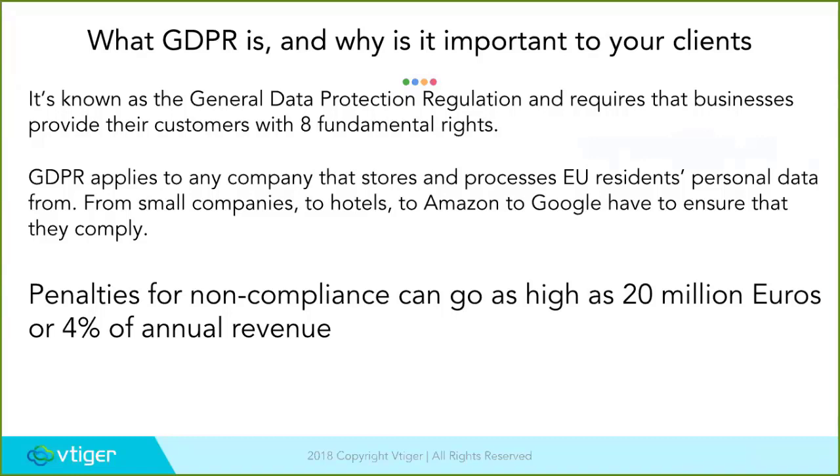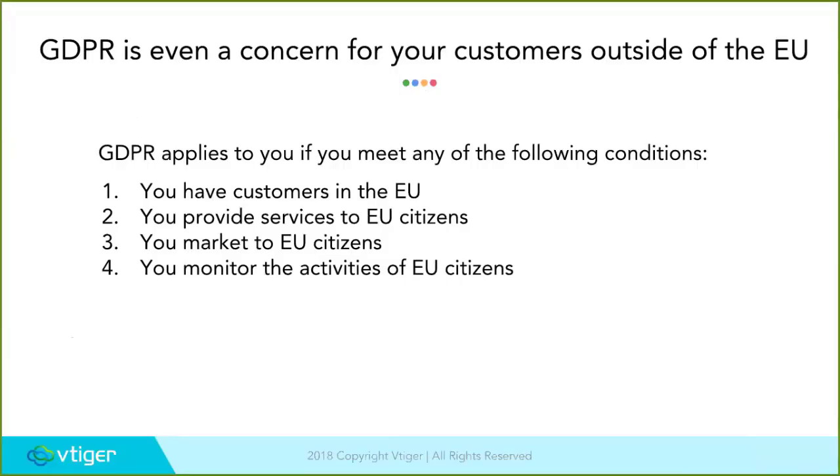The GDPR rule was enacted on May 25, 2018 and will affect every company that uses personal data from EU citizens. If you're a 5-person business or a 500-person company, or if you are collecting emails or sending emails to subscribers in the EU, you will have to comply with GDPR no matter where you are based.